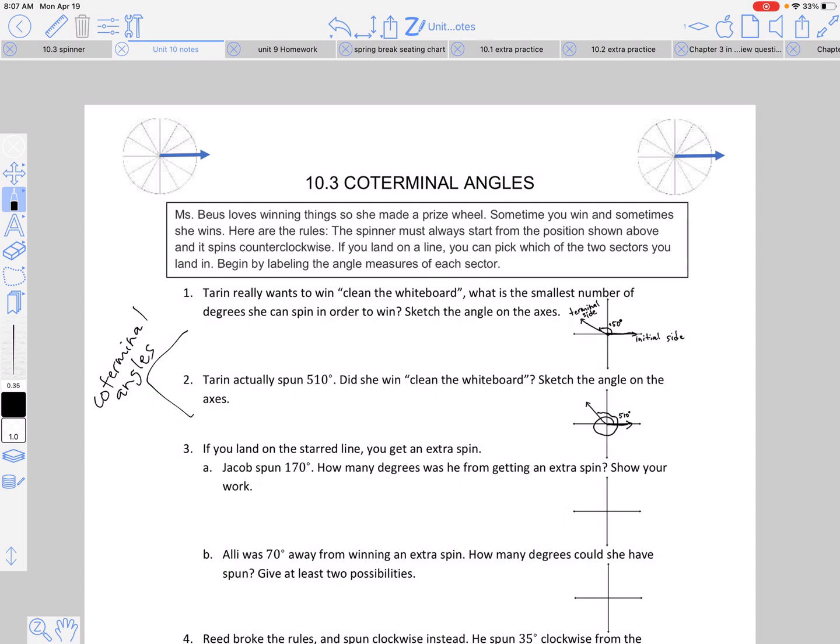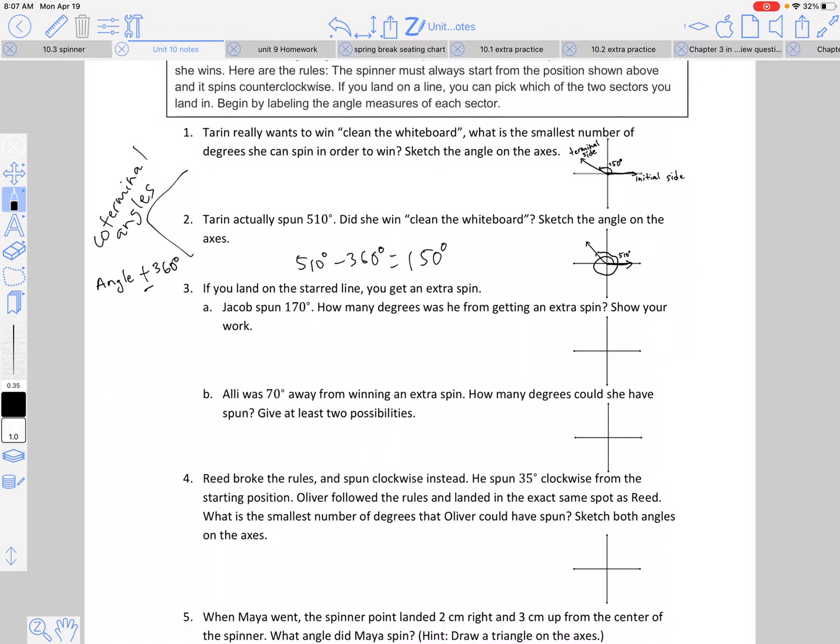It did more degree movement. It went a lot farther, but it stopped at the exact same spot, coterminal angles. And you can find coterminal angles by just taking your angle and adding or subtracting 360 degrees, because you'll just do a full circle and end up where you're at. So 510 degrees minus 360 degrees gives us 150 degrees. Coterminal angles right there.